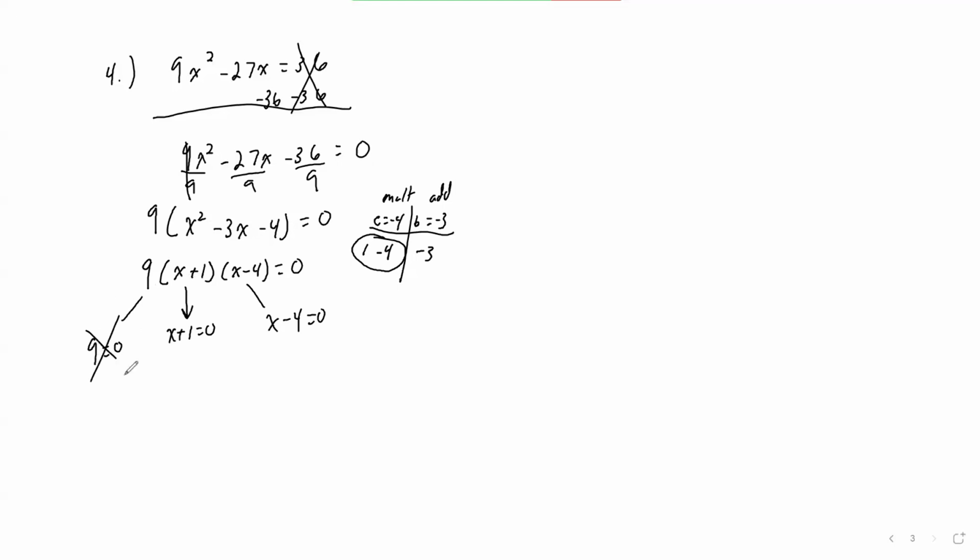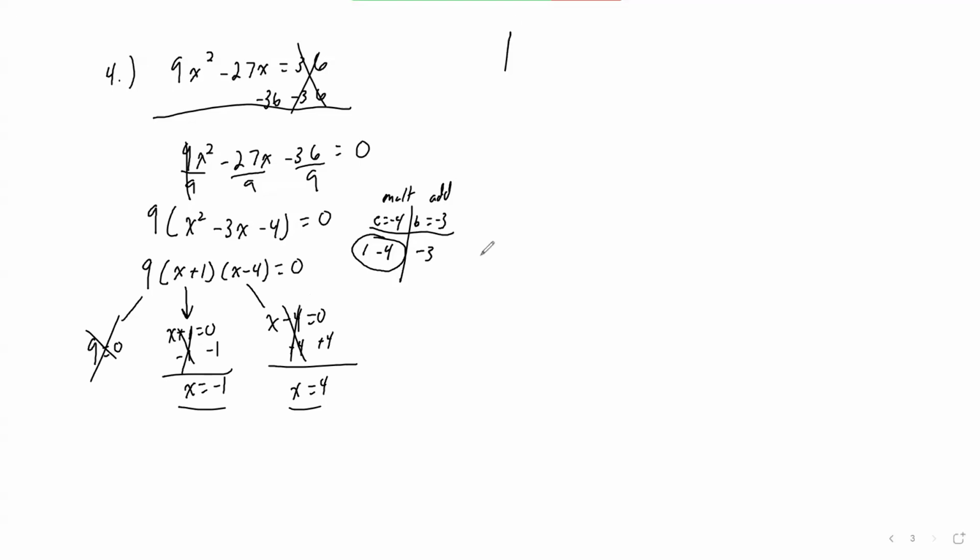That is not a true answer. Then I can say, the opposite of adding 1 is subtracting 1, so x equals -1. The opposite of subtracting 4 is adding 4, so x equals 4. All right, let's see what we got.